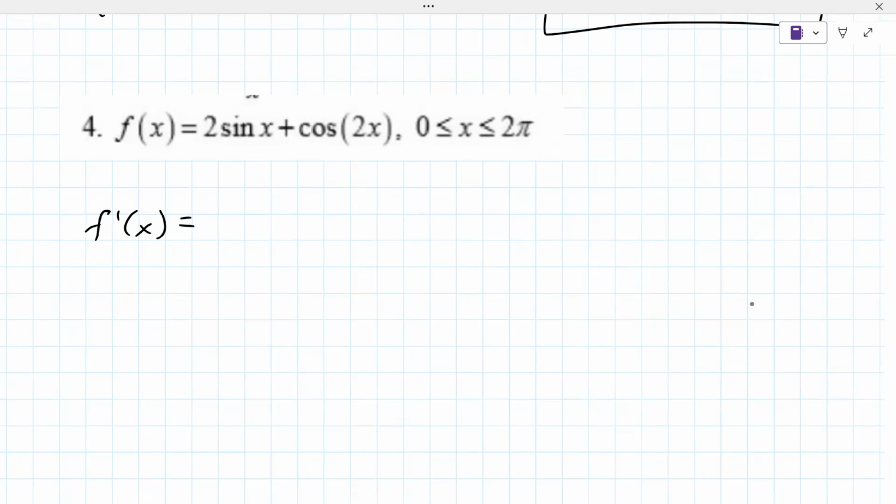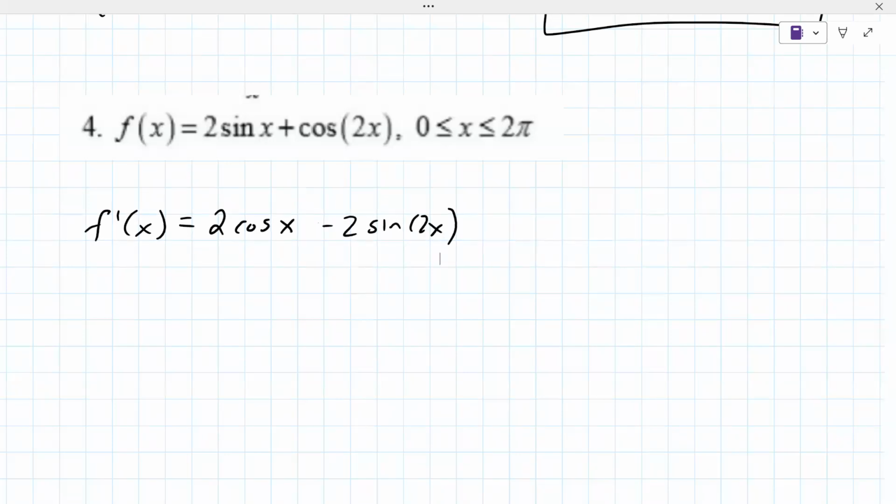It would just be 2 cosine x, and then minus 2 sine 2x.